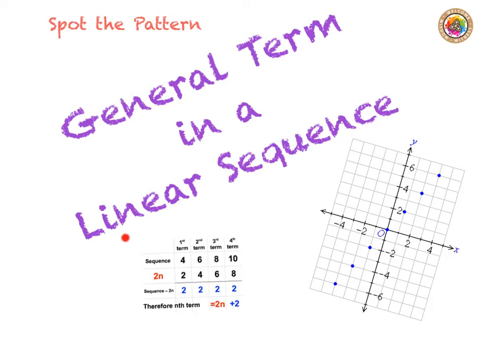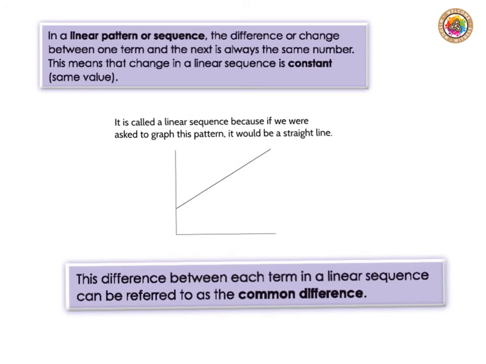The reason it's called a linear sequence is because if I were to draw it, it would form the shape of a line. Just before we begin with an example, it says a linear pattern or a sequence.